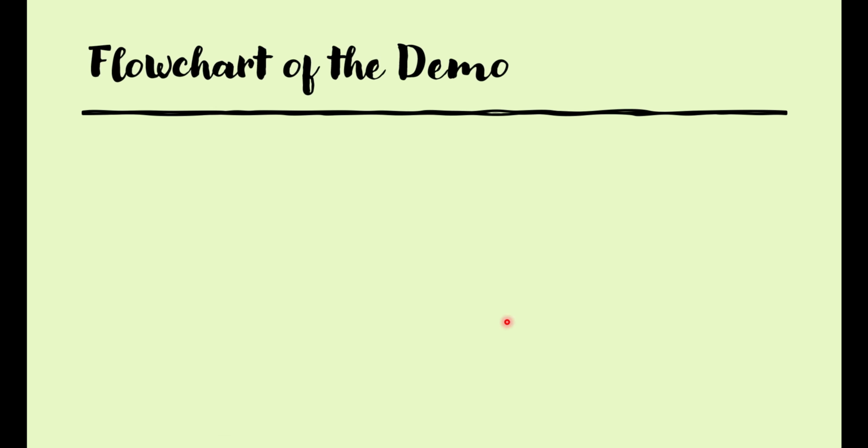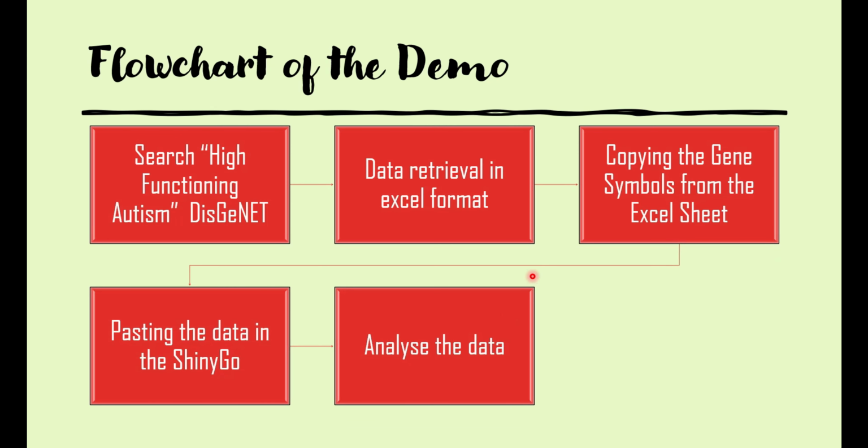So let's proceed. I have prepared a flowchart of the demo. At first we are going to search the term high functioning autism in DisGeNET. DisGeNET is a database that has a collection of diseases, particularly genetic diseases. So I have chosen high functioning autism. Autism has a broad spectrum which includes low functioning, mediocre functioning and high functioning.